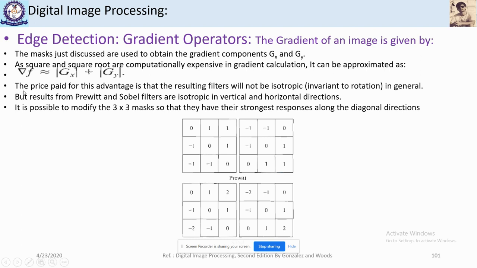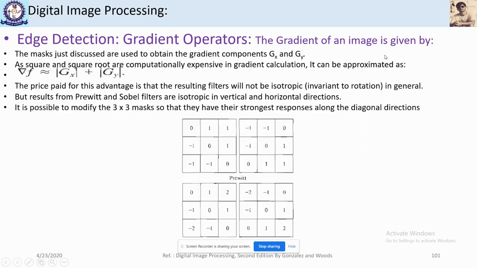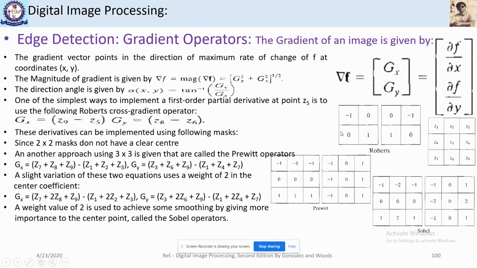The price paid for this advantage is that the resulting filter will not be isotropic in general. That means by using this, we have lost the isotropic nature of these operators. The gradient operator is isotropic in nature, but by approximating it like this, we have lost its isotropic nature.